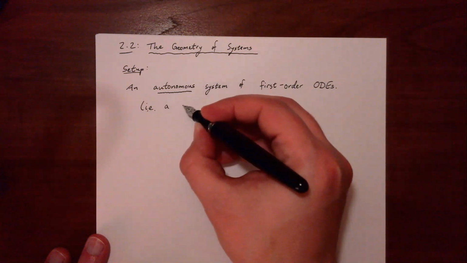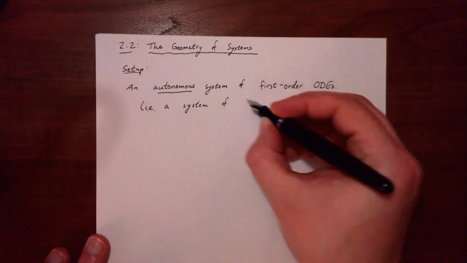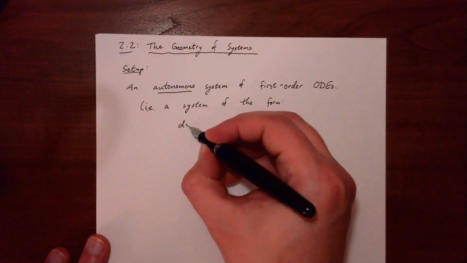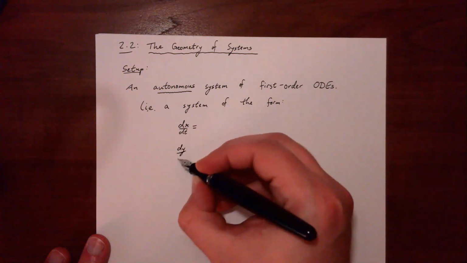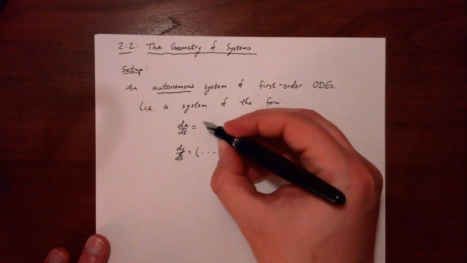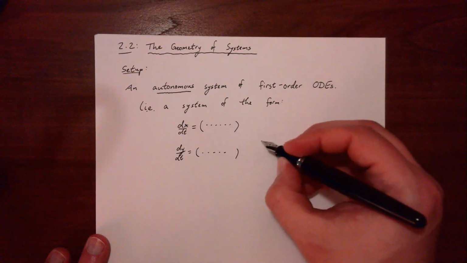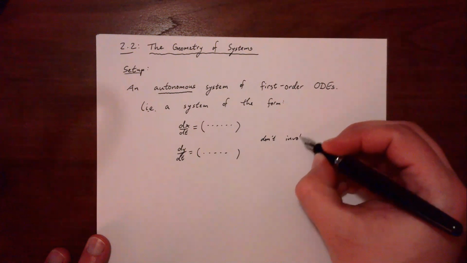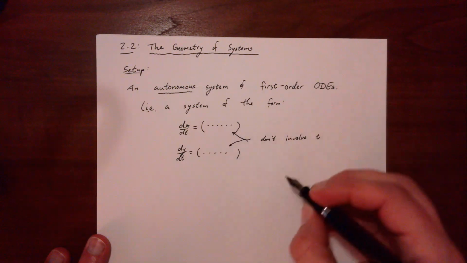i.e., a system of the form dx/dt equals and dy/dt equals, and in both of these cases, we do not see a t on the right side. So these don't involve t.